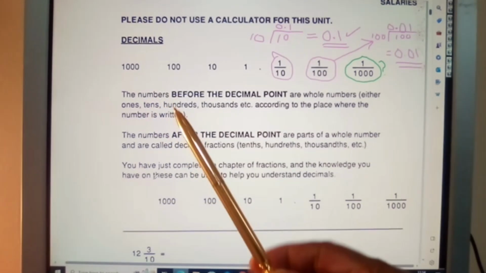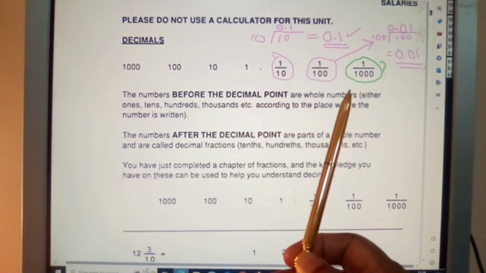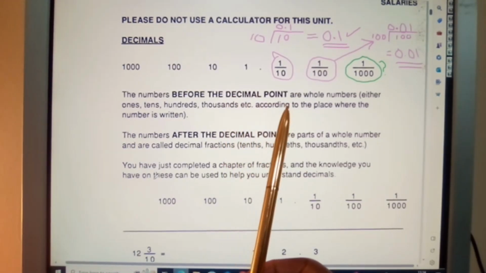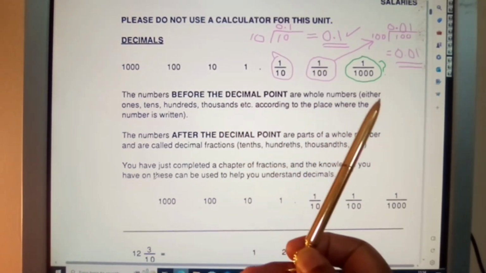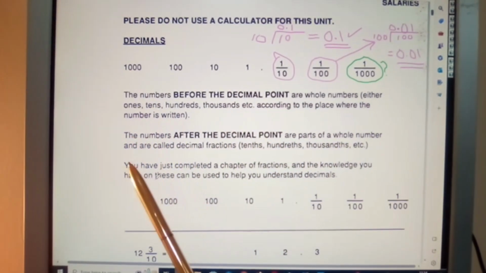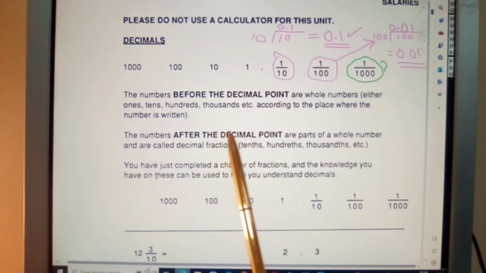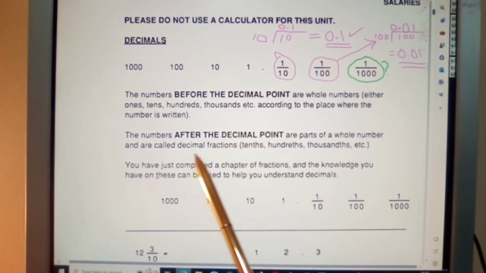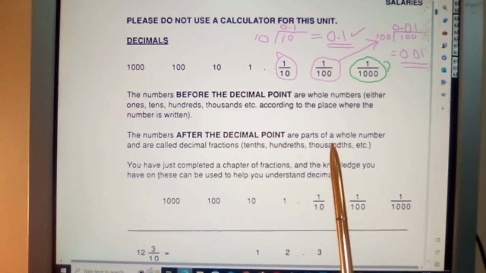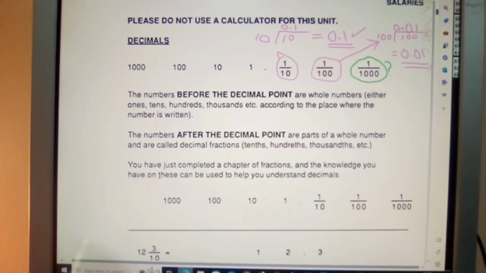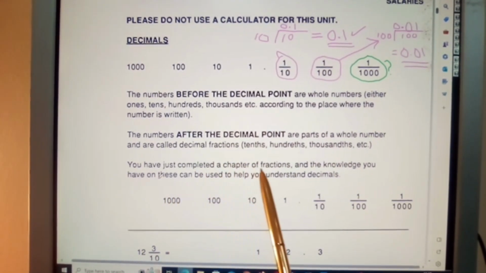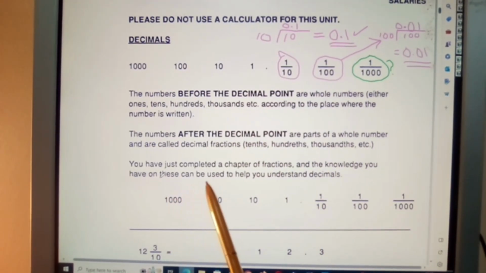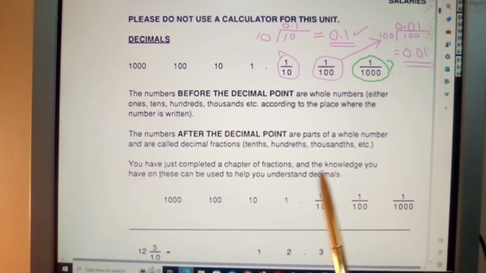Now, the numbers before the decimal point are whole numbers, either ones, tens, hundreds, thousands, etc., according to the place where the number is written. The numbers after the decimal point are parts of a whole number and are called decimal fractions: tenths, hundredths, thousandths, etc. You have just completed a chapter on fractions, and the knowledge you have on these can be used to help you understand decimals.